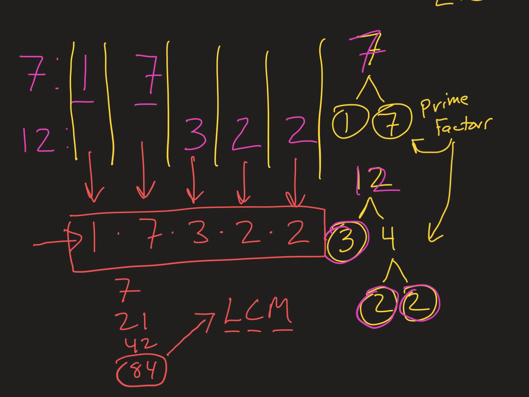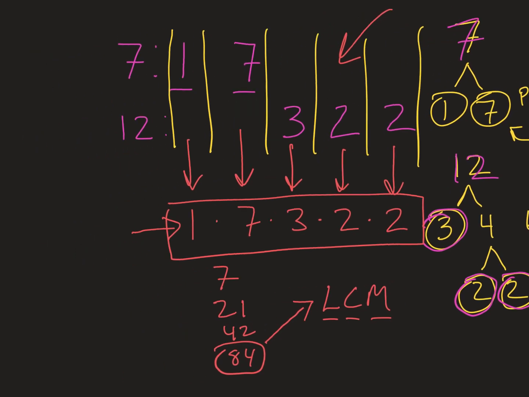Now let's come up with a second example, where we actually have some numbers on top of these columns that I made. Let's take the numbers 12 and 18 and find the LCM of 12 and 18.